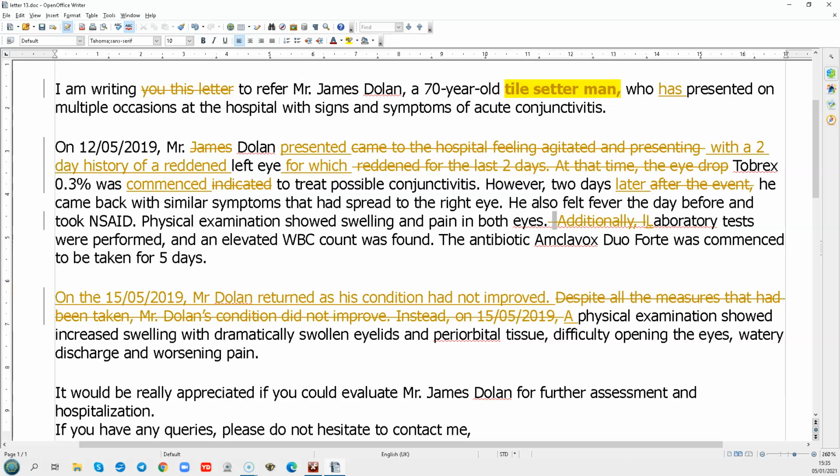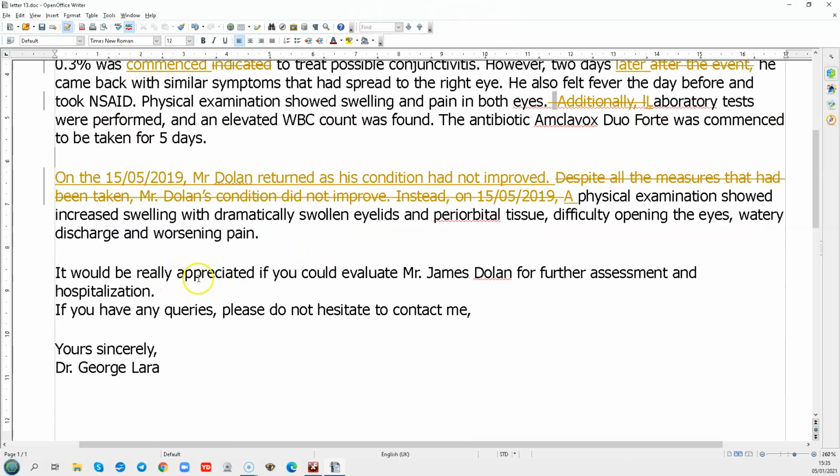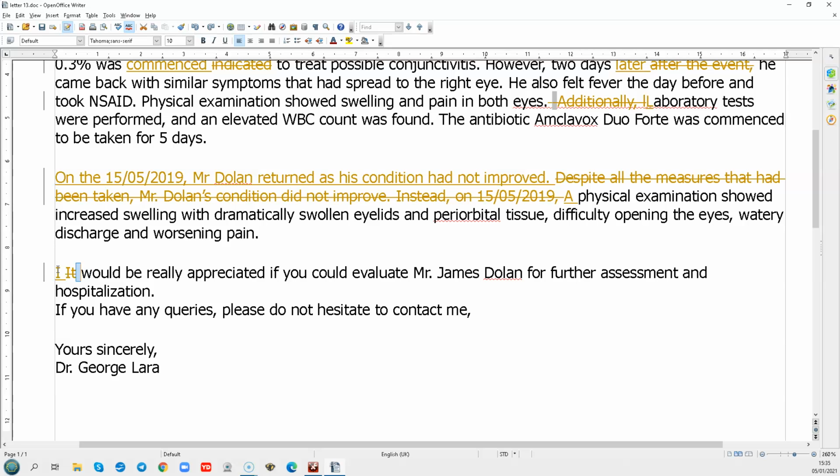Okay. Now, it would be really appreciated. Why would it be really appreciated? Where's my mouse gone? Yes, okay. Well, you can simply say, I would be grateful, or I would appreciate it if you could evaluate Mr. Dolan.